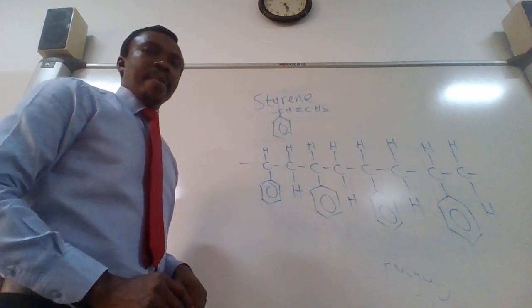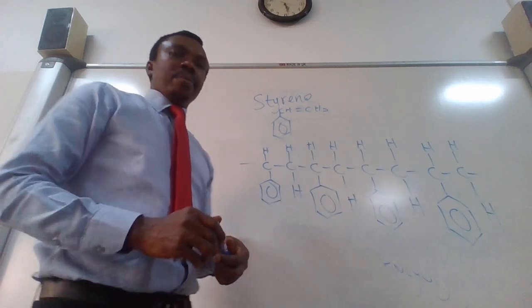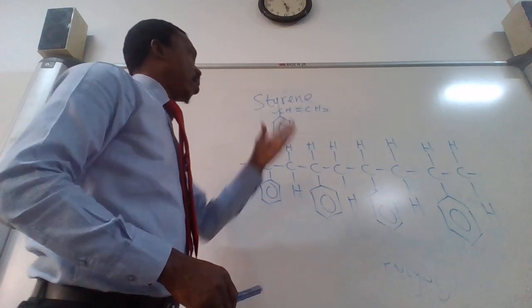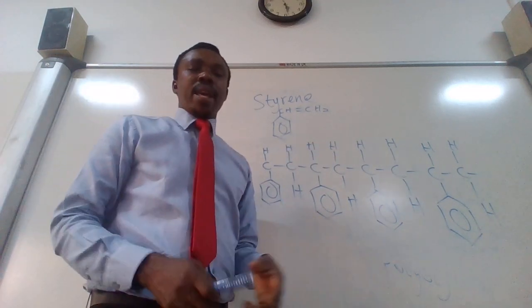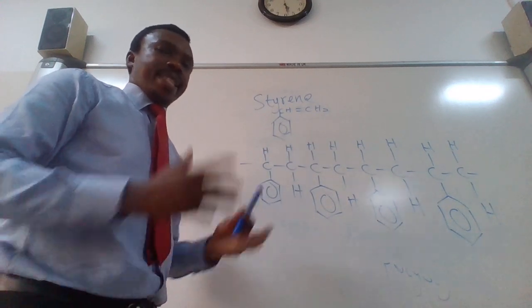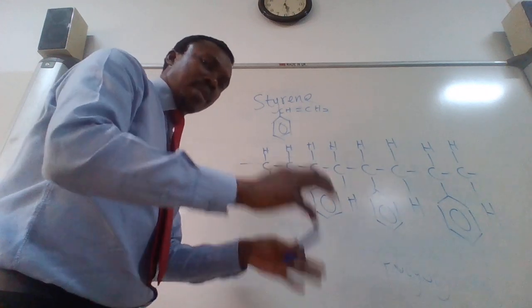So this is it. Now, let's look at Teflon. Polymerization of tetrafluoroethene, you get polytetrafluoroethene, otherwise known as Teflon, which is used in non-stick pans. We use it to design non-stick pans. Okay, now let's see.